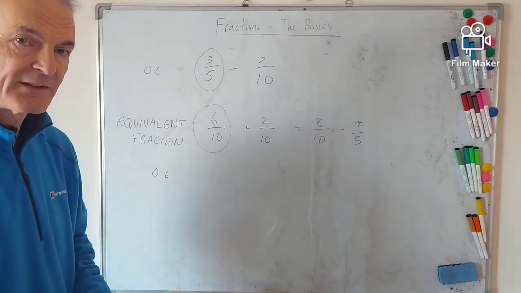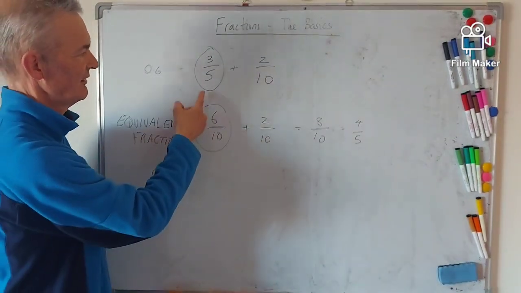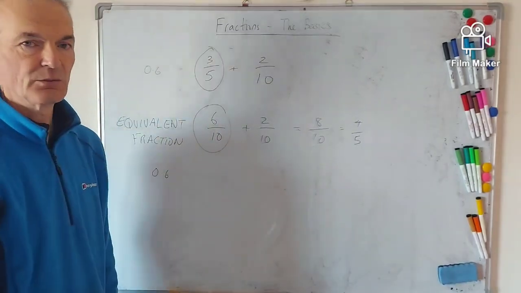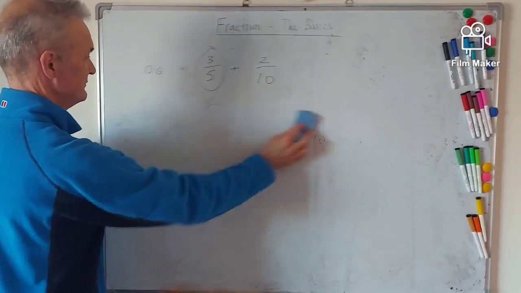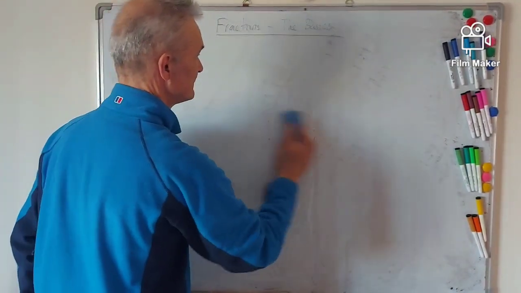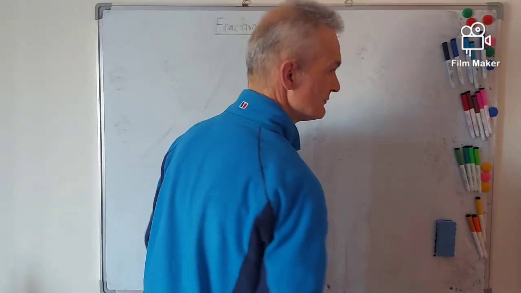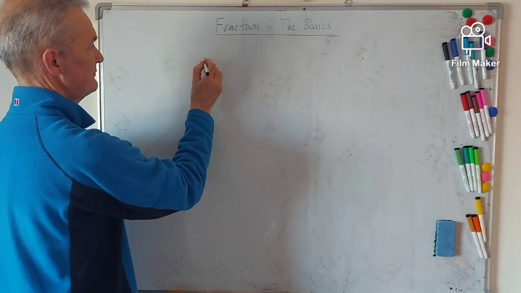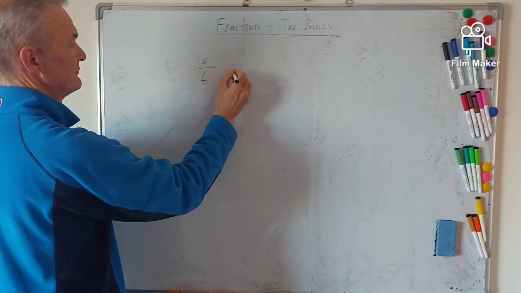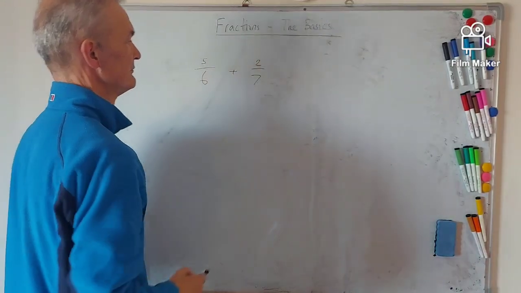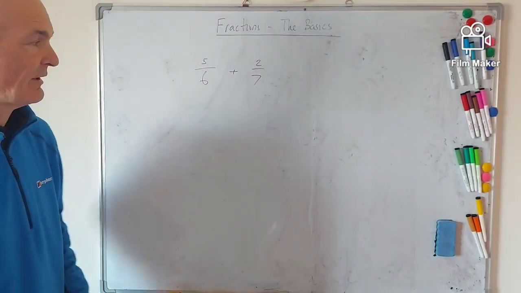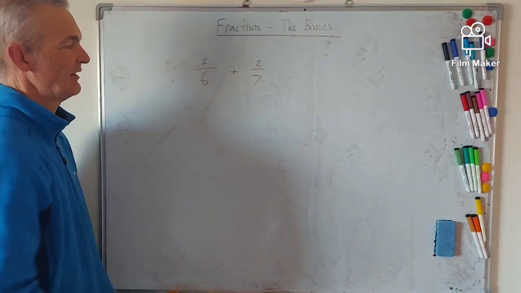Now, what happens if we can't just easily upscale one of these fractions? Okay, we've got another question here, 5/6 plus 2/7.